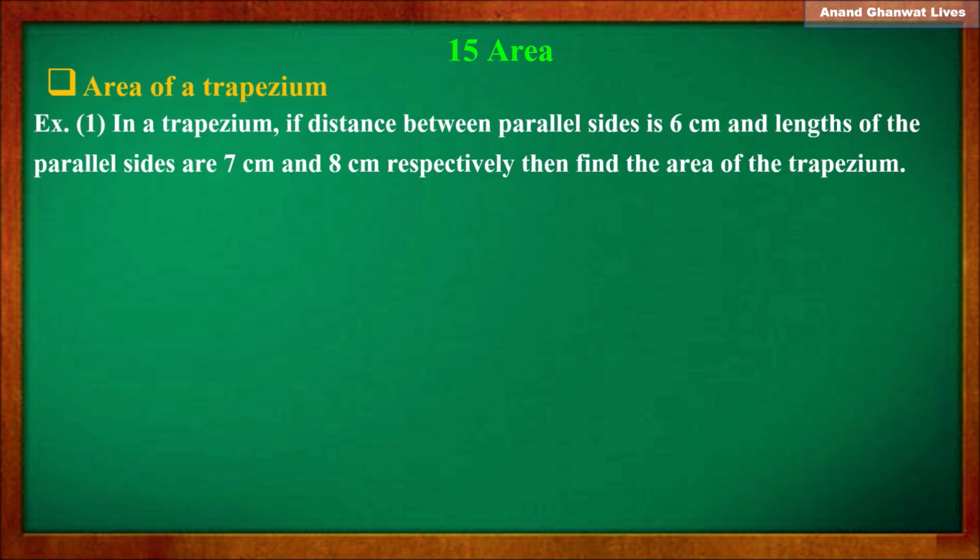In a trapezium, if the distance between parallel sides is 6 centimeter and the length of the parallel sides are 7 centimeter and 8 centimeter respectively, then find the area of trapezium. Let's draw first a diagram of trapezium.